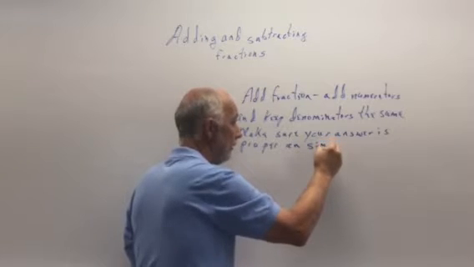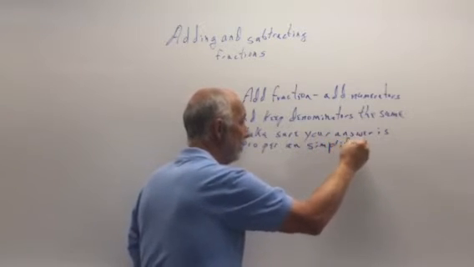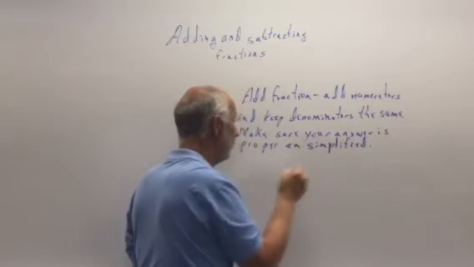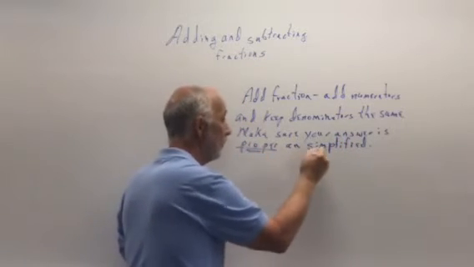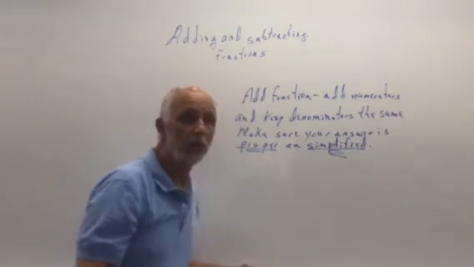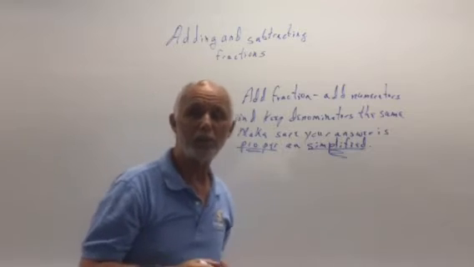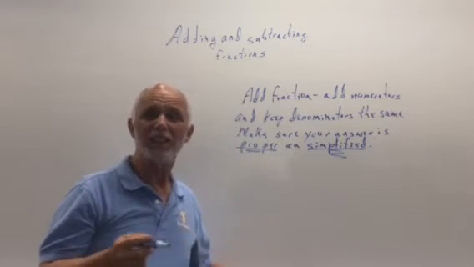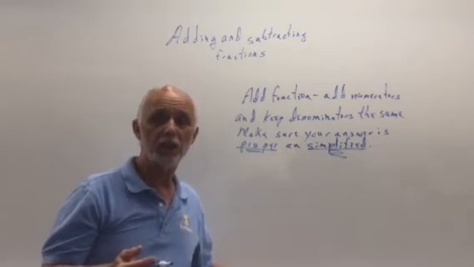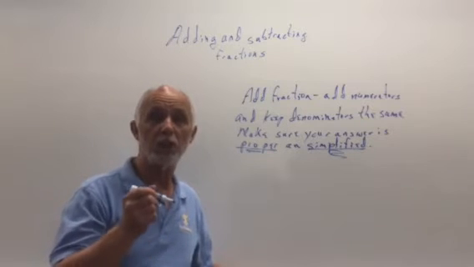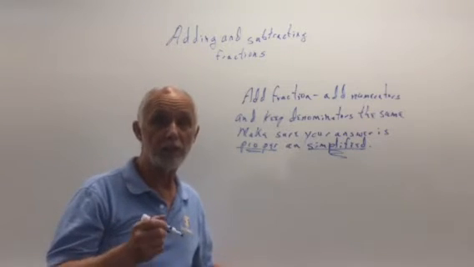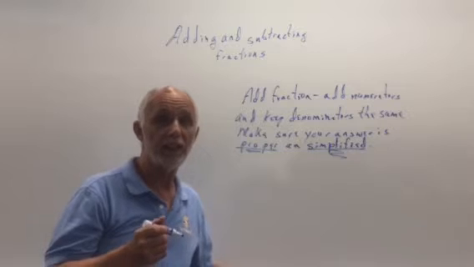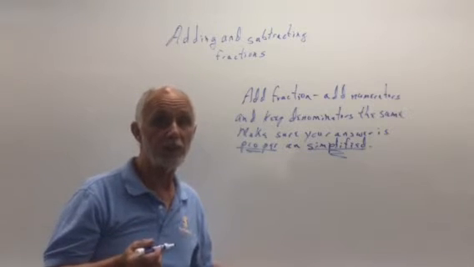And again, in my class, if it's not proper, it's wrong, and if it's not simplified, it's wrong. So you have to make sure all answers are proper and simplified. This is the easiest situation, and as long as you add correctly and make sure it's proper and simplified, it's very easy to get right.